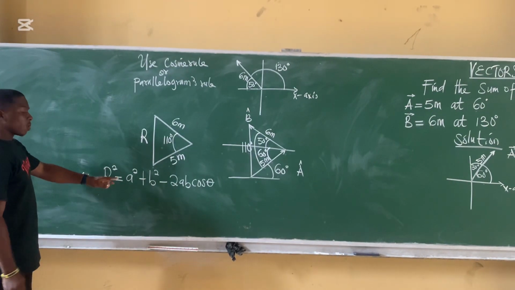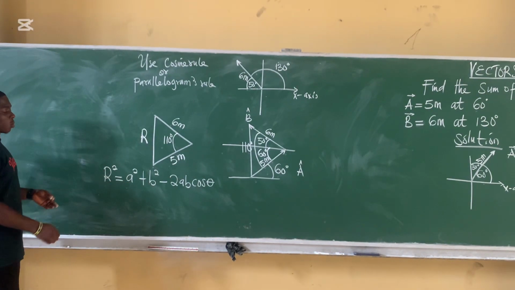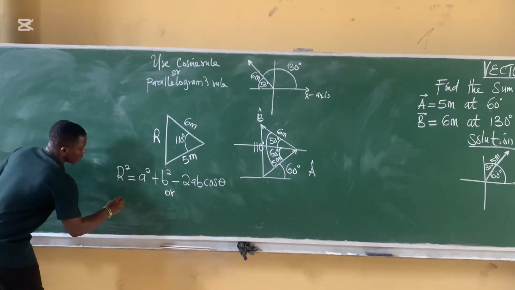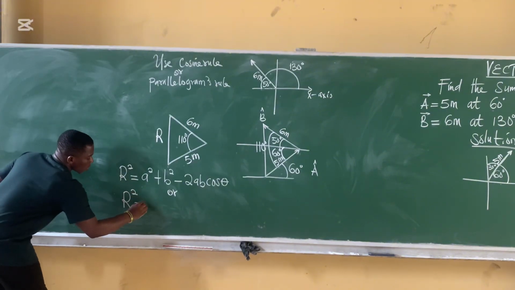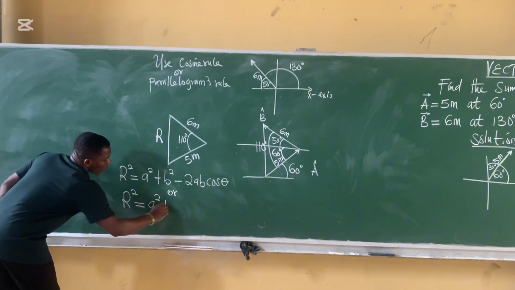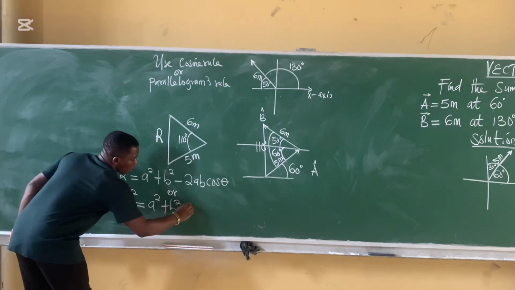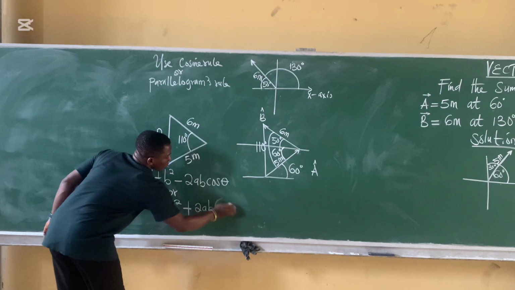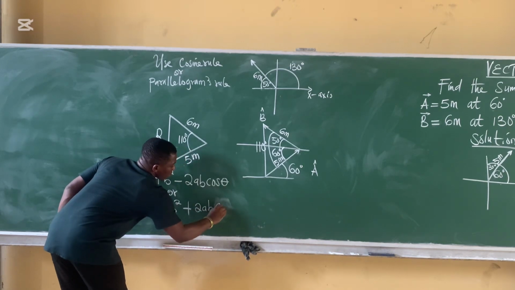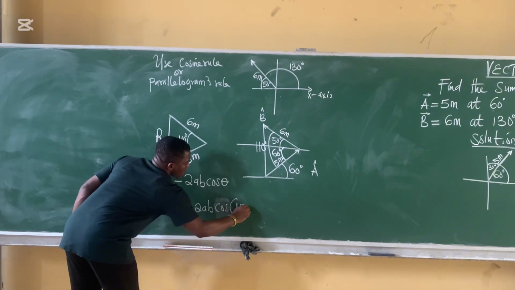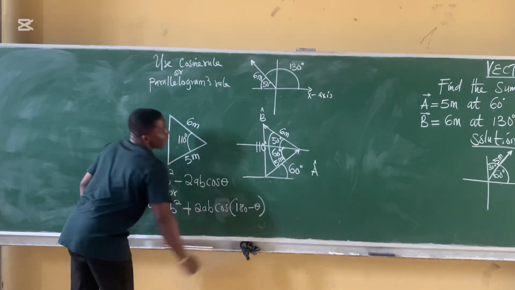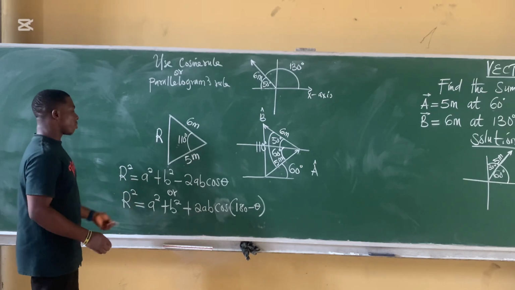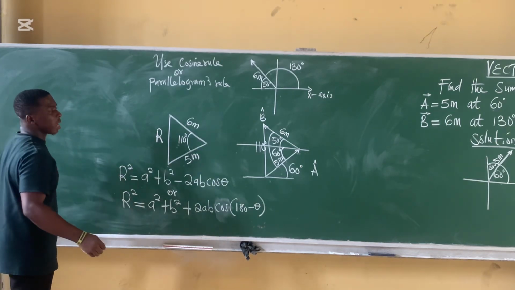Or we can use the parallelogram rule, which is R squared equals a squared plus b squared plus 2ab cos(180 minus theta). And here our theta is 110 degrees. You can decide to use any of them and you get the same answer. But let's consider the cosine rule.